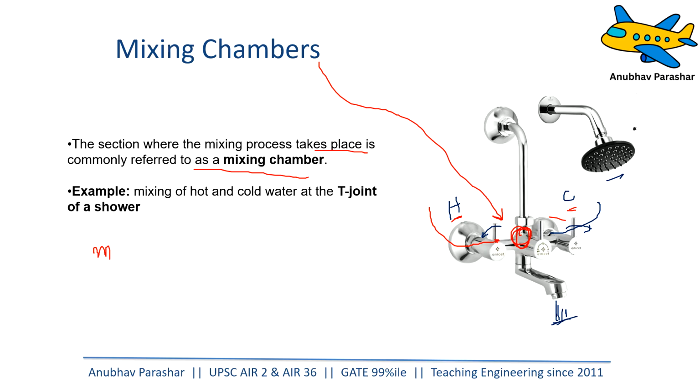We can write mass of hot times enthalpy of the hot fluid is being mixed with the mass of cold times enthalpy of the cold fluid. This should be equal to mass of hot plus mass of cold, which is the total amount of mass that is coming out, multiplied by the final enthalpy. So this one equation represents the energy balance equation for mixing chambers.